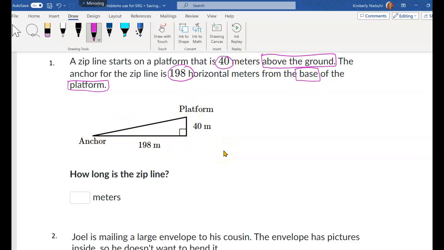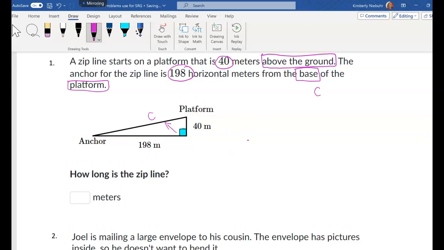All right, we need to note that when we see this in a right triangle, what does it tell us? It tells us that it's the hypotenuse, or side C. It's the longest side. It's directly across from it, okay? So now we know we're solving for C.